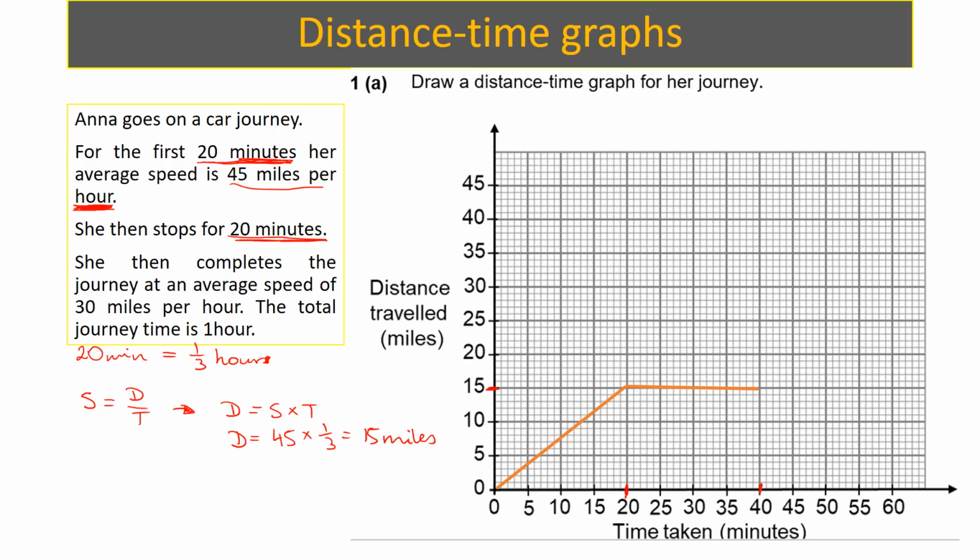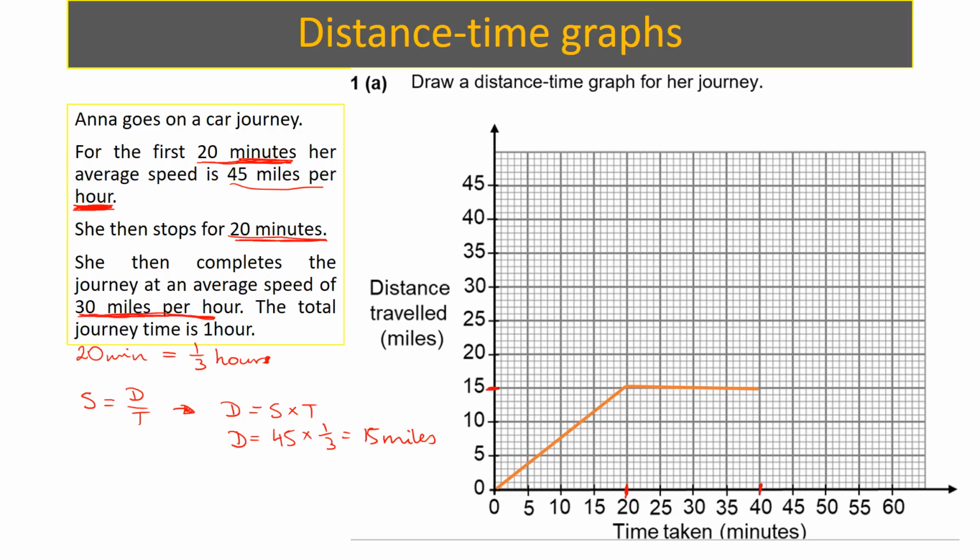But I need to know how far she went. So this time I need to work out the distance again. The speed is 30 miles per hour.